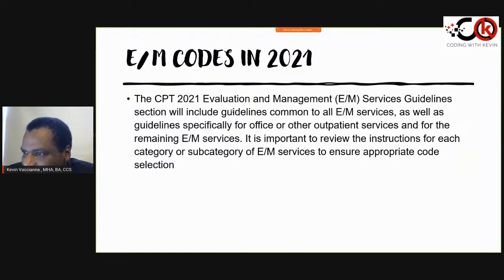So they said the CPT 2021 E&M service guidelines section will include guidelines common to all E&M services, as well as guidelines specifically for office or other outpatient services and for the remaining E&M services. It's important to review the instructions for each category code or subcategory of the E&M services to ensure appropriate selection.